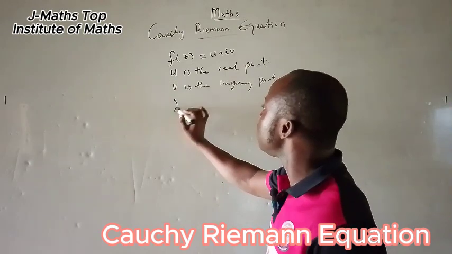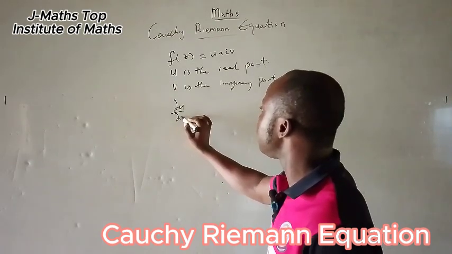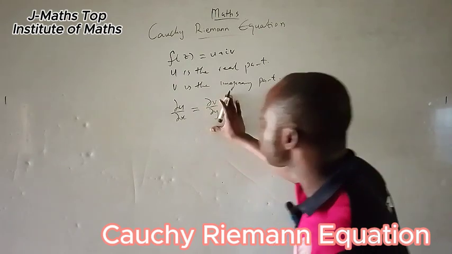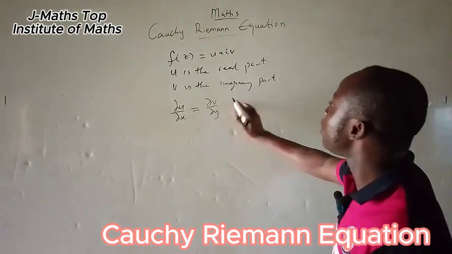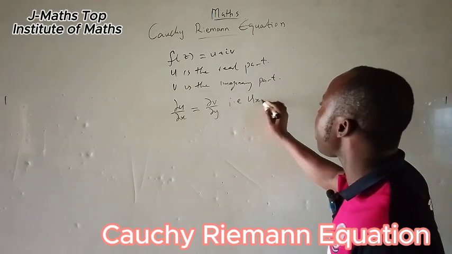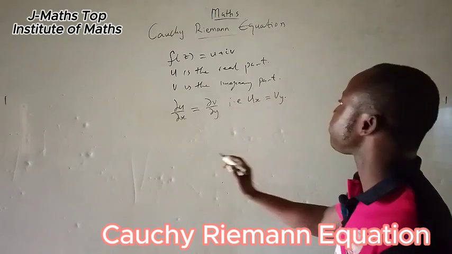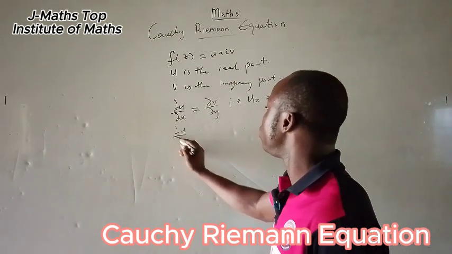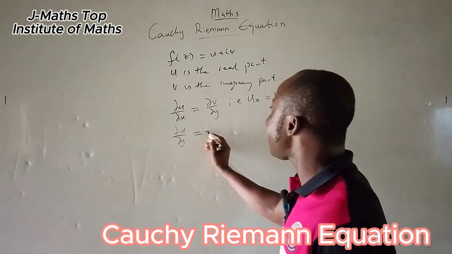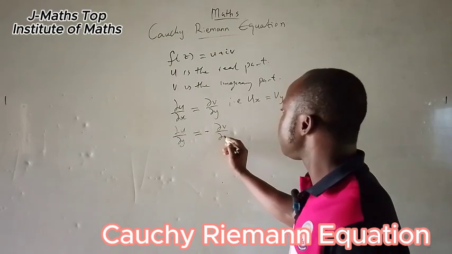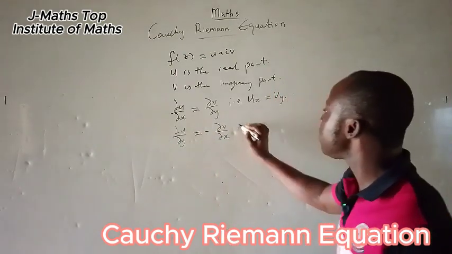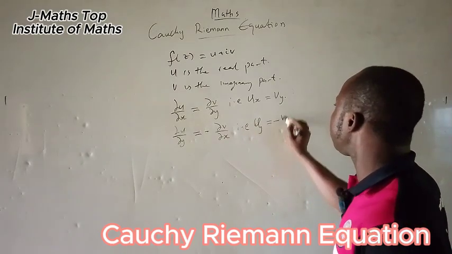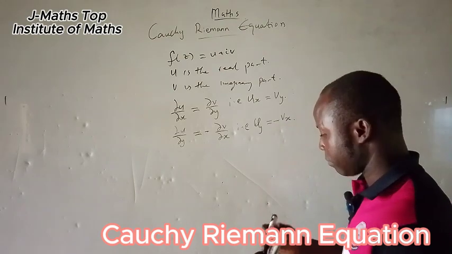That is, u sub x must be equal to v sub y. This is the first equation. The second is that u sub y must be equal to minus v sub x.